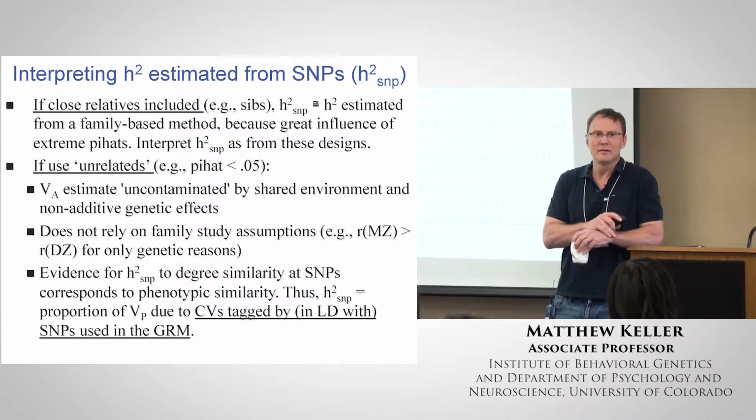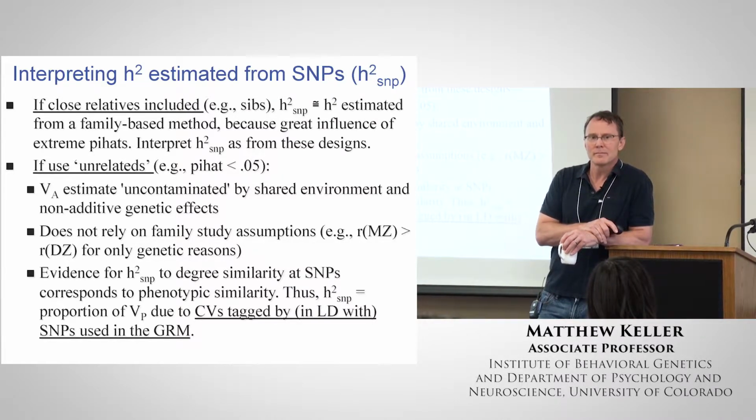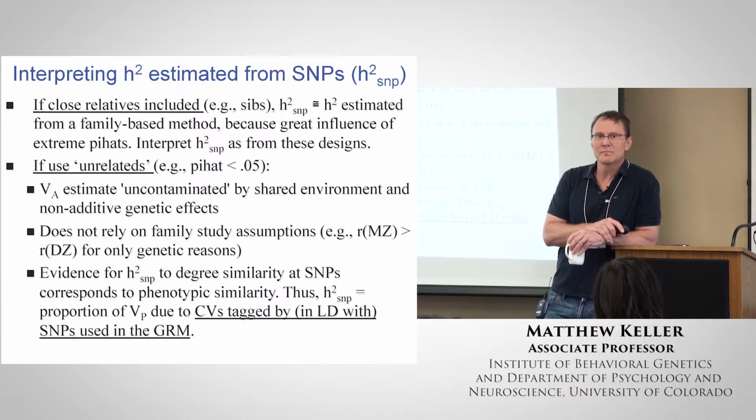What will happen if you go beyond first cousins? Your dominant component will decay much faster than your additive component. Yep. And I'm guessing your shared environment will also decay pretty quickly. Well, that's the crucial assumption here.